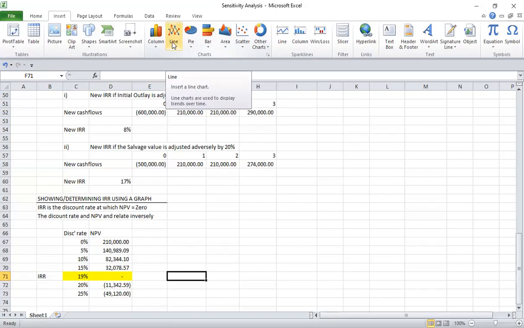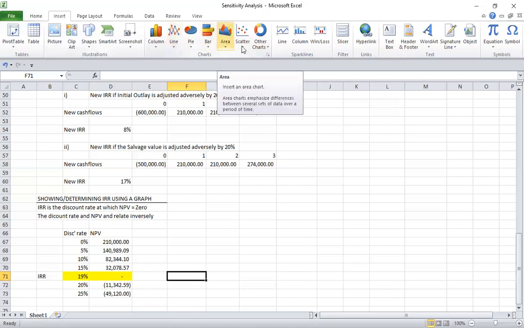Chart and graph are similar. A chart, a graph, we are talking about the same thing. Normally we have many types of charts or graphs. You can have the column graph, the line graph, the pie chart, the bar graph, the scatter graph, and other charts. But in this case, what we want is this line. So you'll click on the line.